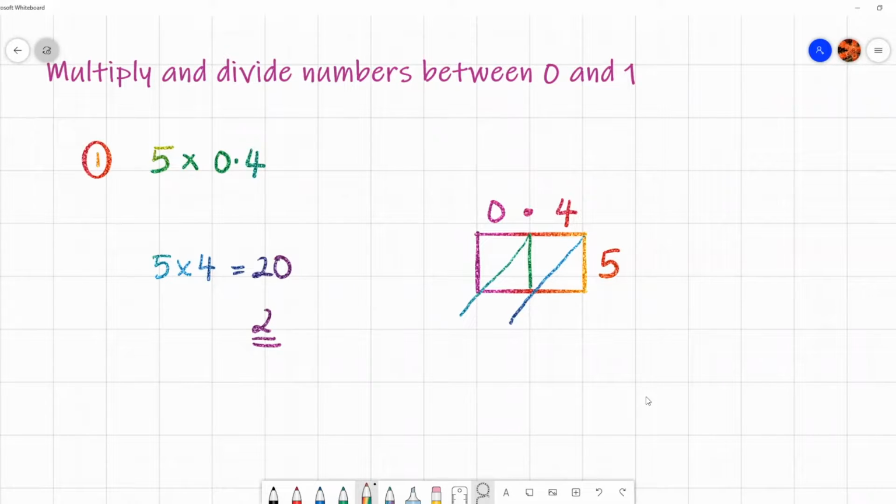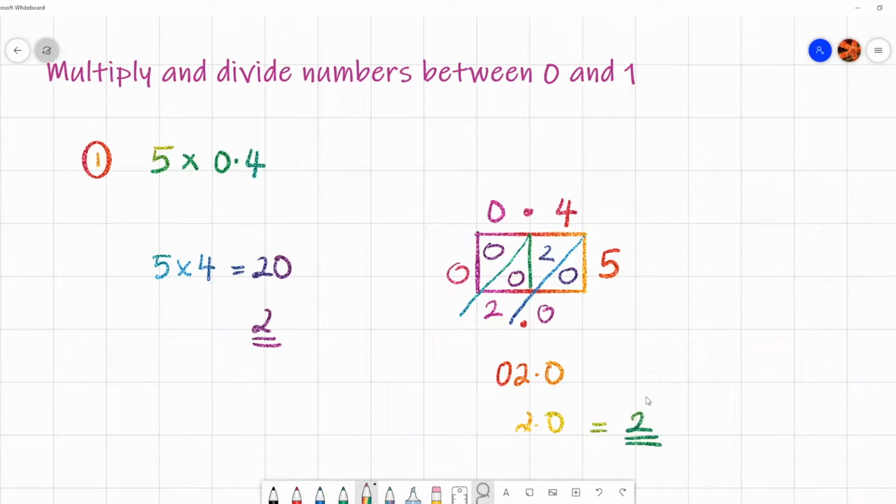So 4 times 5 is 20, and then 0 times 5 is 0. Add the diagonals up, so that diagonal there is 0, that diagonal there is 2, that diagonal there is 0. You just drop the decimal point down, so it's 0, 2.0. Now, that's a bit of a strange number, isn't it? When do we ever see 0, 2.0? It's either 2.0 or just 2 on its own.